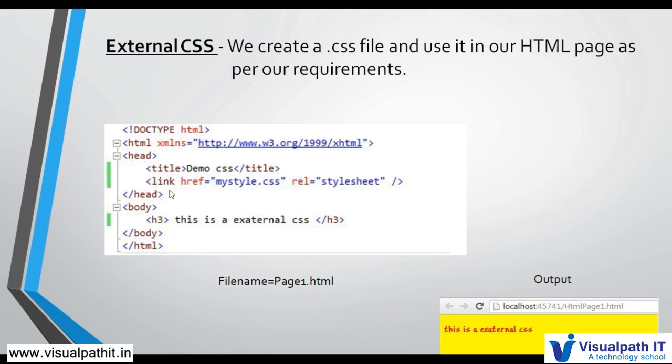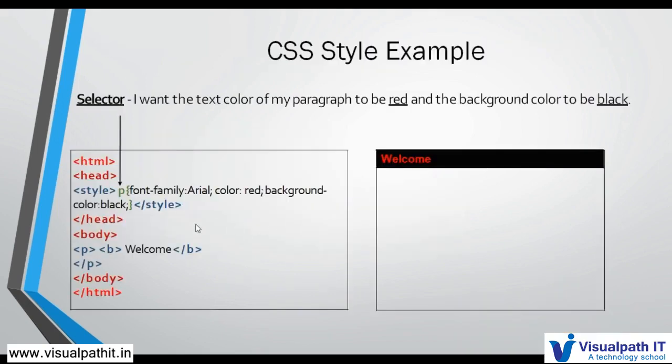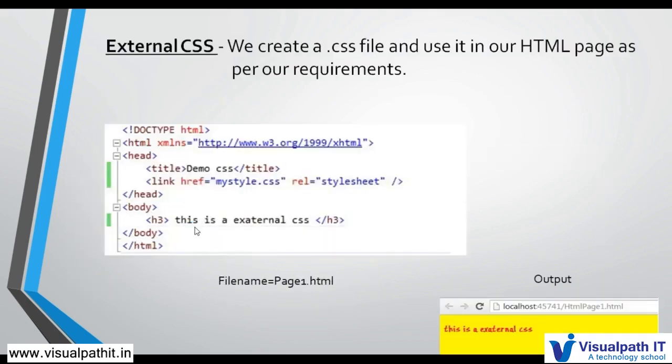You need to link it with the help of the href attribute, mystyle.css, and show that it is a style sheet. The style we had written in the external style file will apply to the content here for h3. Then we can see the output of the CSS.